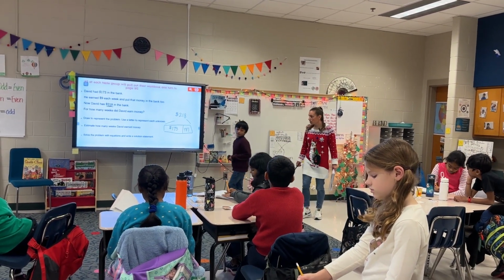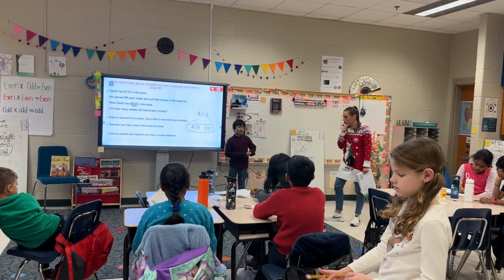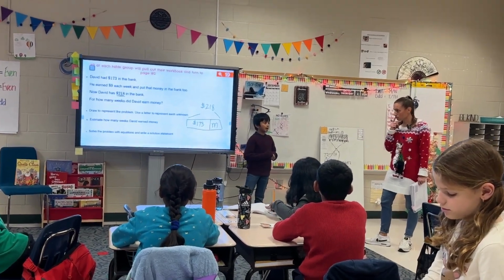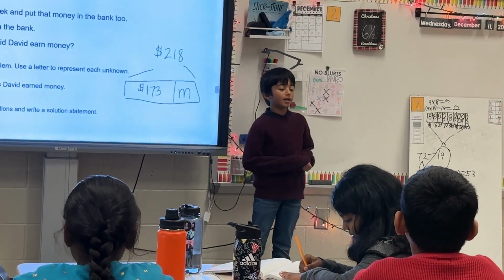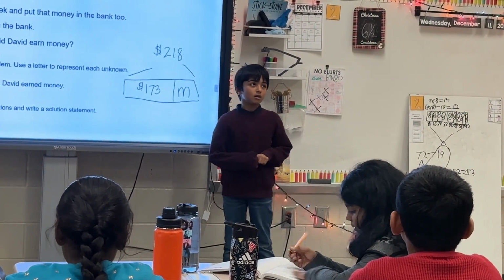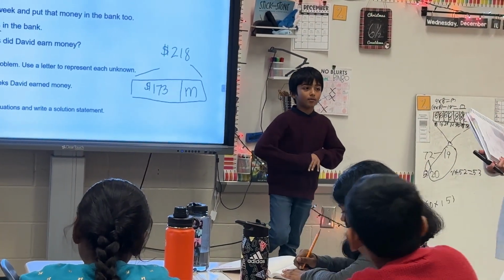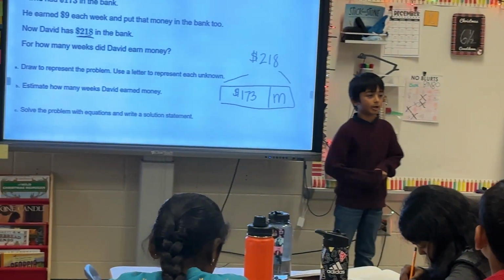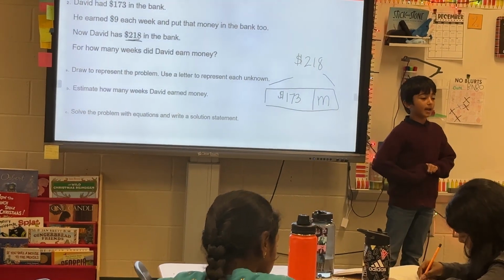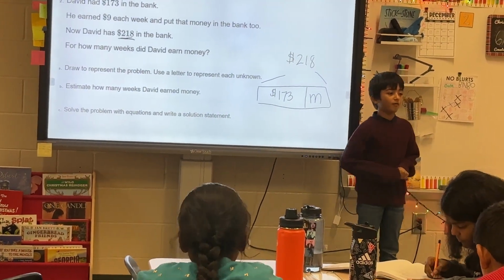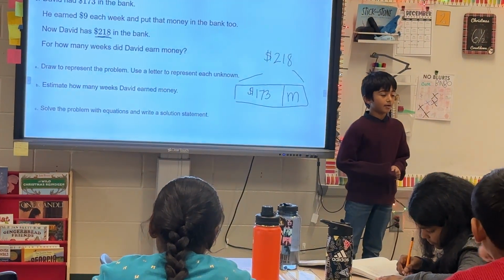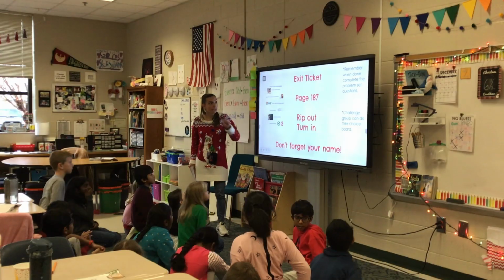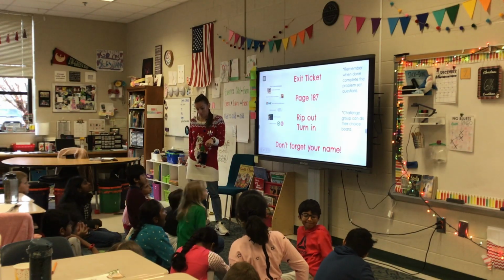So my table group, we just counted by 9. Okay. And then after we skip counted, it took him 5 weeks to reach 218, and we did 9 times 5 equals 45.